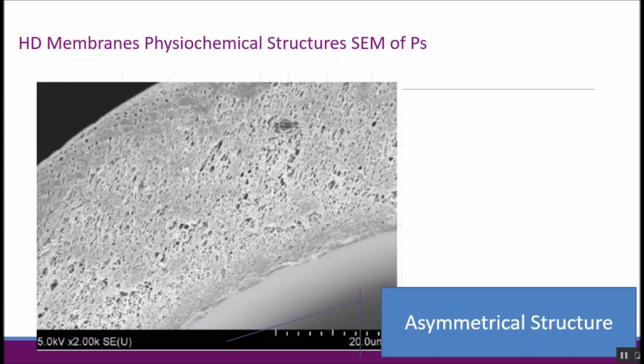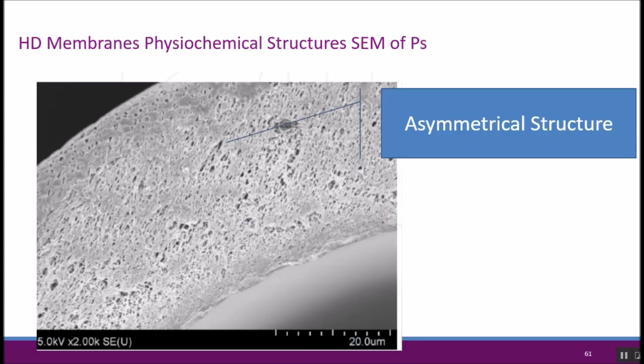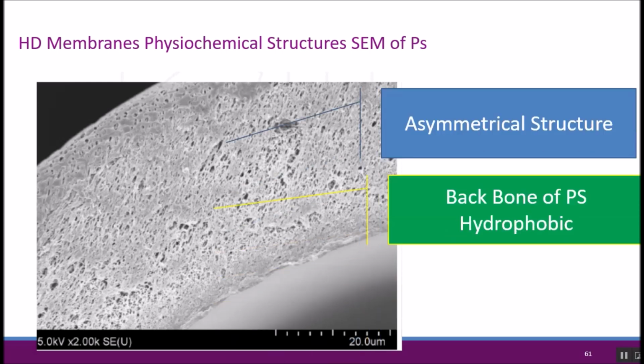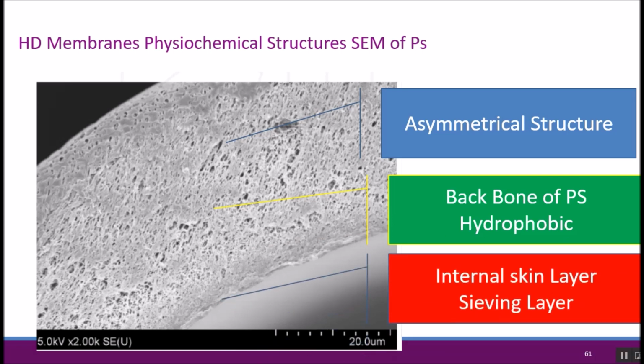So hemodialysis membranes consist of an asymmetrical structure with a backbone of polysulfone, which is completely hydrophobic, and an internal skin layer, which is the sieving layer that determines which solutes can pass.